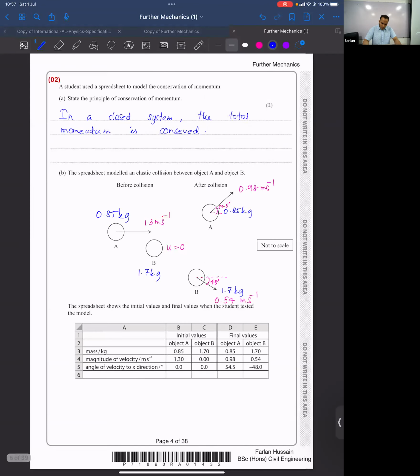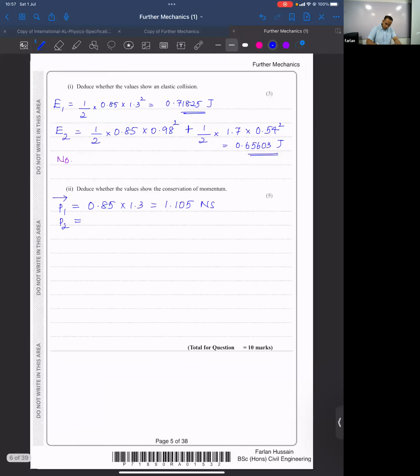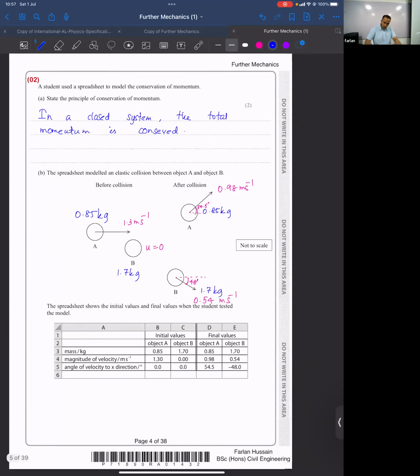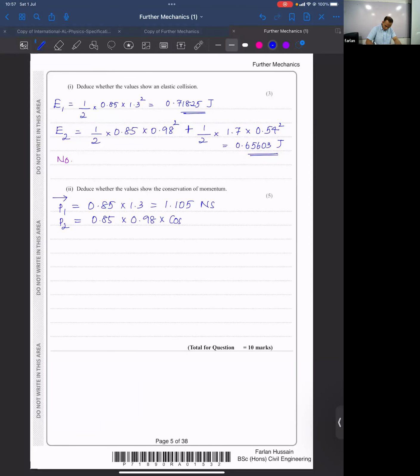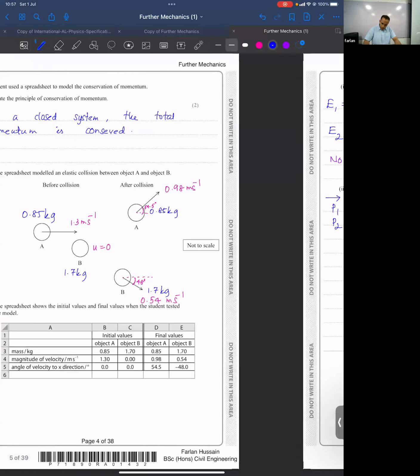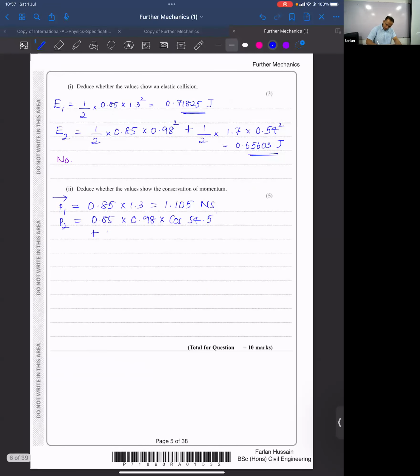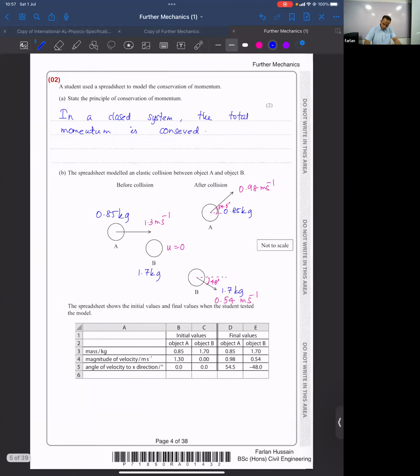Then in the same direction, I will check the P2 after collision, the momentum. After collision, the momentum in that direction will be 0.85 into 0.98 into cos 54.5 plus 1.7 into 0.54 into cos 48.